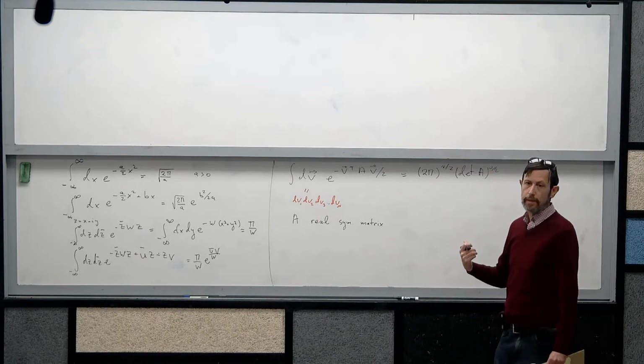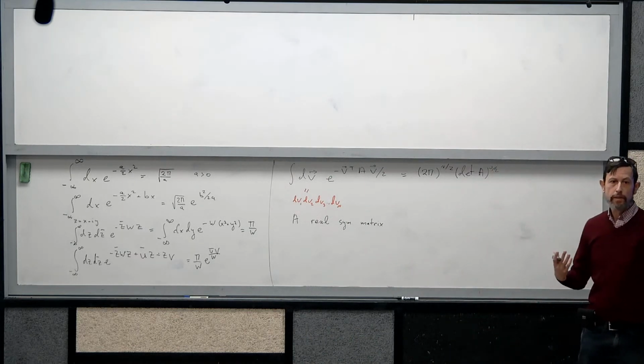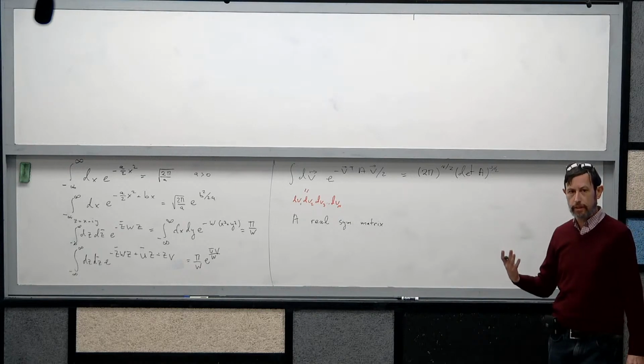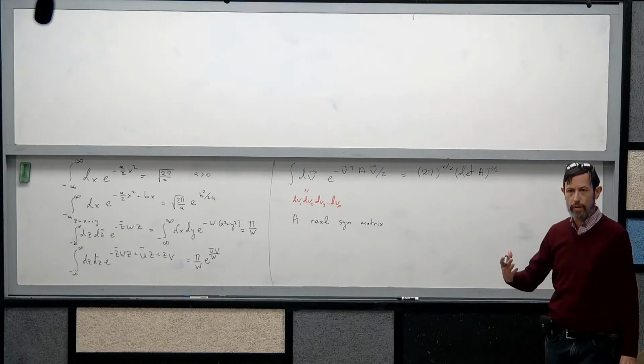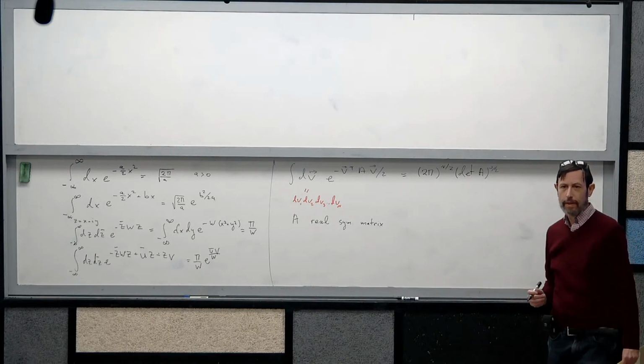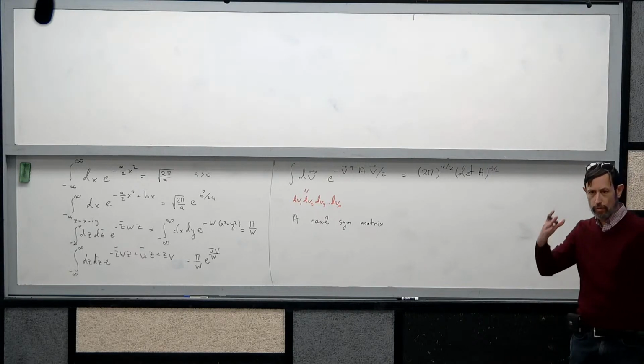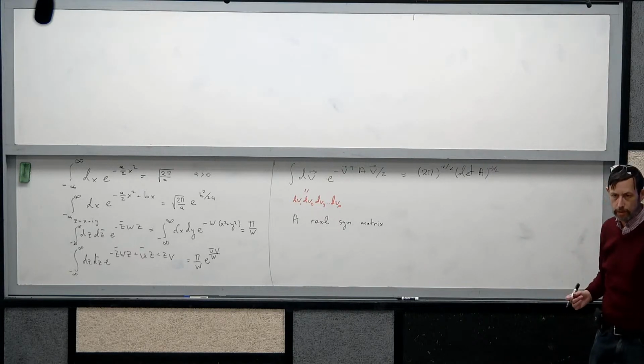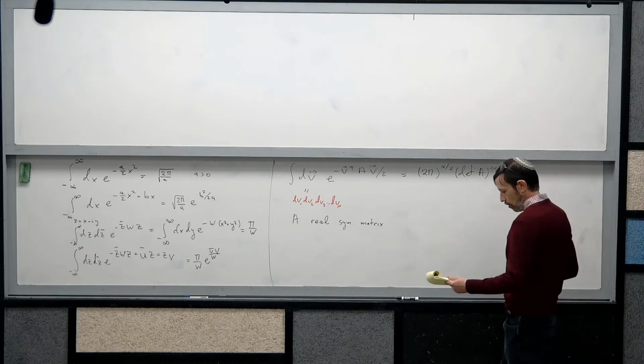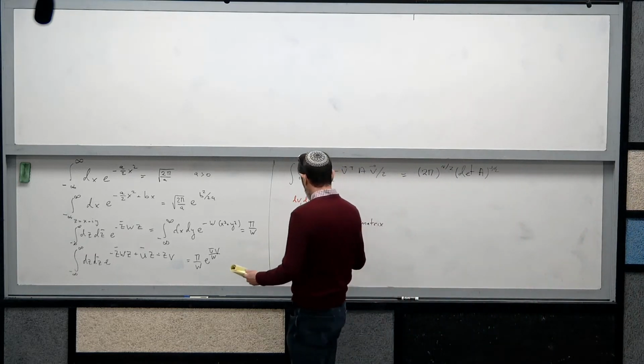If A is real and symmetric, there exists some diagonalization, some transformation where I can write it down with values only on the diagonal. So let's assume I know it.